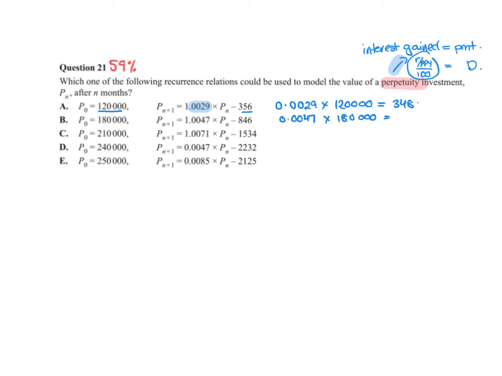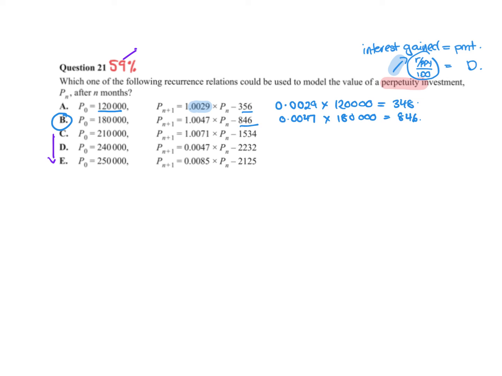So I get 846 for that one, which does match. So I'm going to say that's the answer. You would stop and keep going with your exam, and then when you come back to check, you'll know these ones are not correct, so you're checking something different and hopefully you're right.